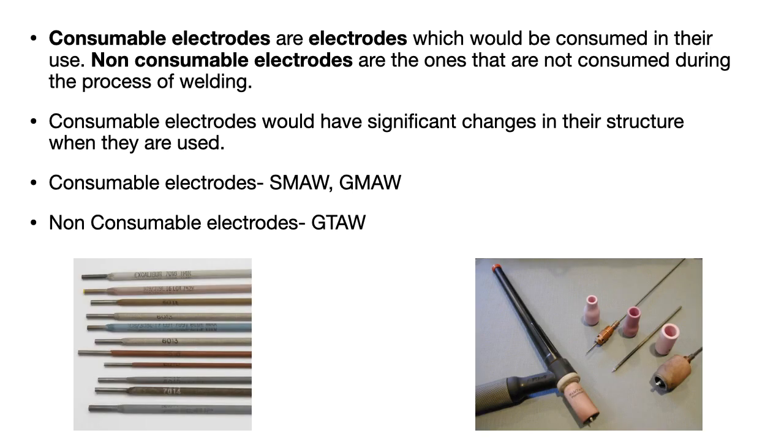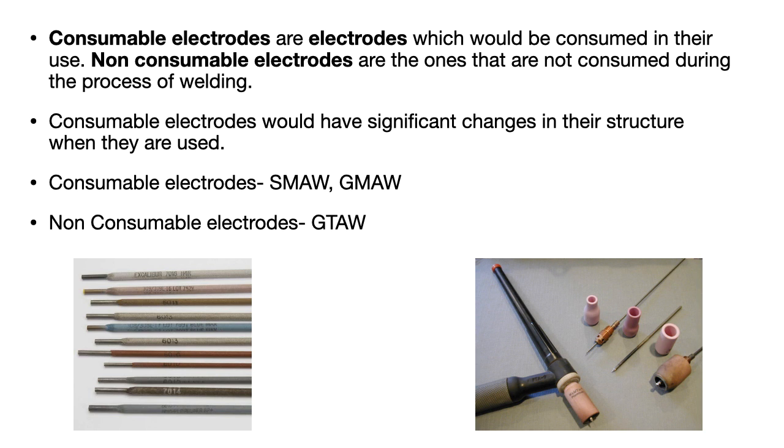Consumable electrodes are basically those which get consumed in the welding process. The electrode shown to the left is a shielded metal arc or manual metal arc welding electrode. You can see the arc will be generated from the electrode, and during the process the electrode will melt and then fuse into the weld which is produced, or into the molten metal which is produced.